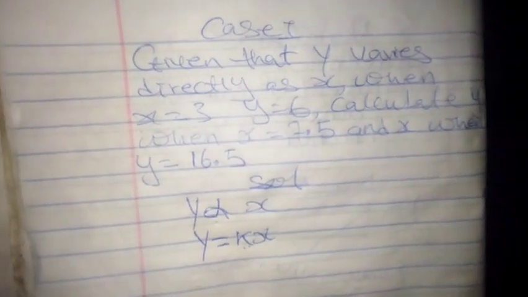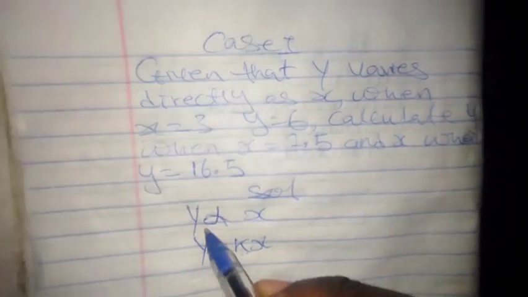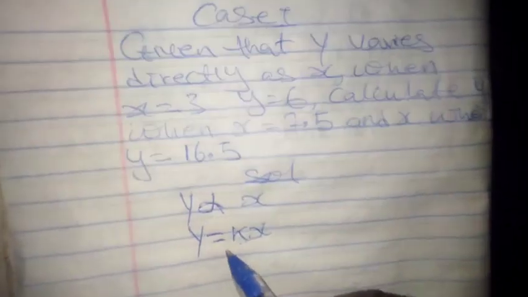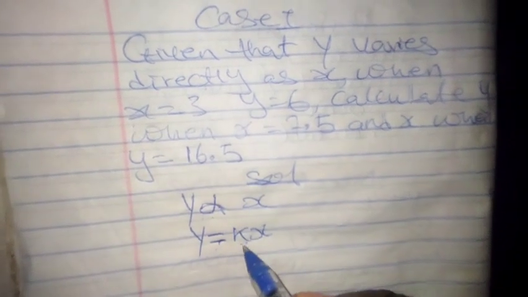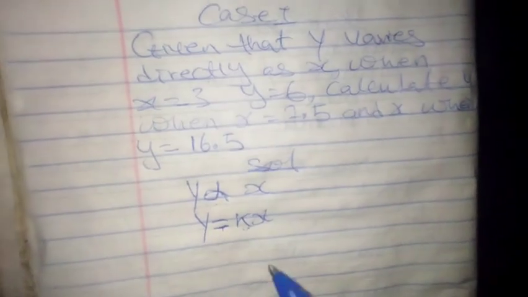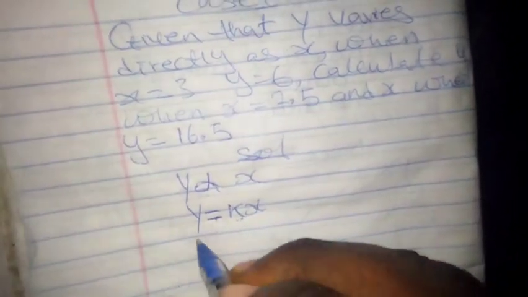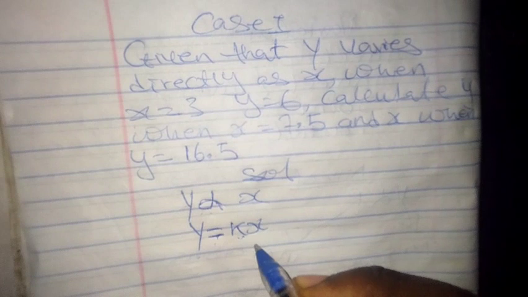Bear in mind that this constant can be any alphabet. I used k; you can use a or anything else. So we have y equals kx.